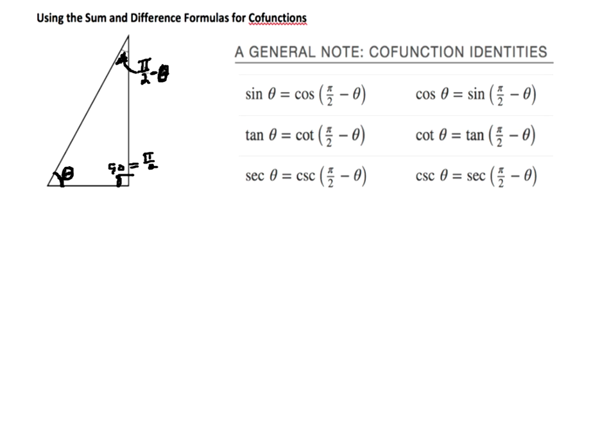And what we get from this is our cofunction identities. I will show one of them down at the bottom, and then we'll just accept the other ones. So we can verify all of these cofunction identities by our difference formulas.